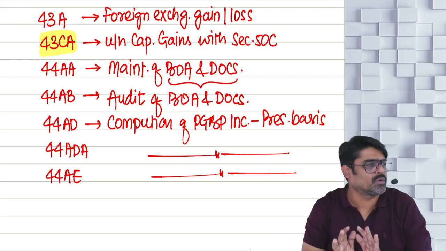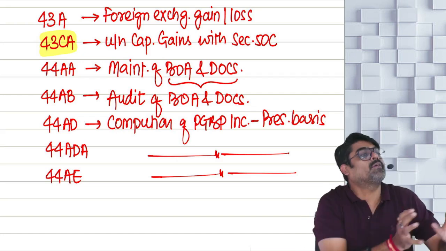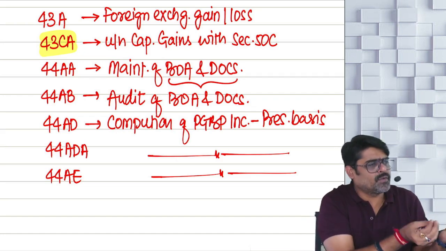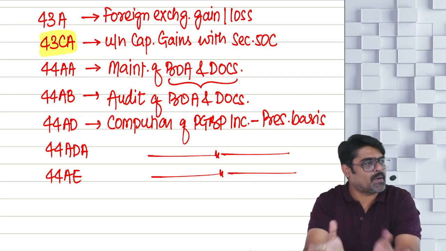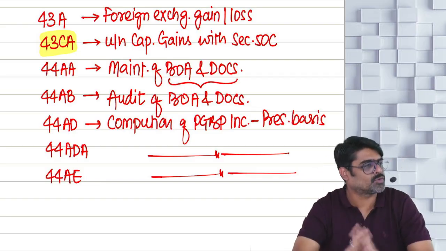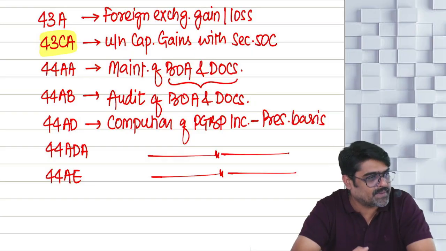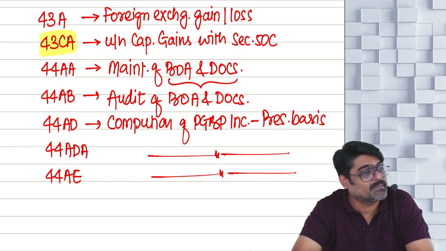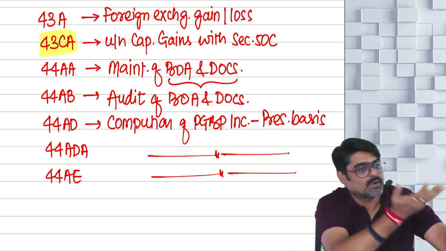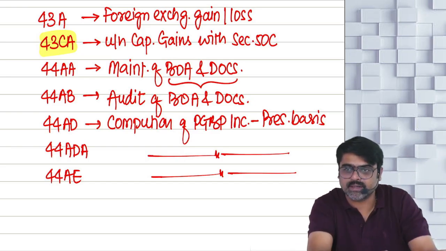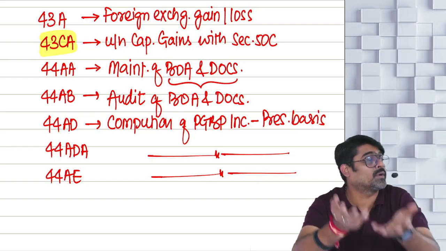So we want you to stay away from these compliances if you show a minimum amount as your PGBP income. Show at least this much amount as your PGBP income, and then no need to calculate the income by following regular provisions, no need to maintain the books, and no need to get them audited.